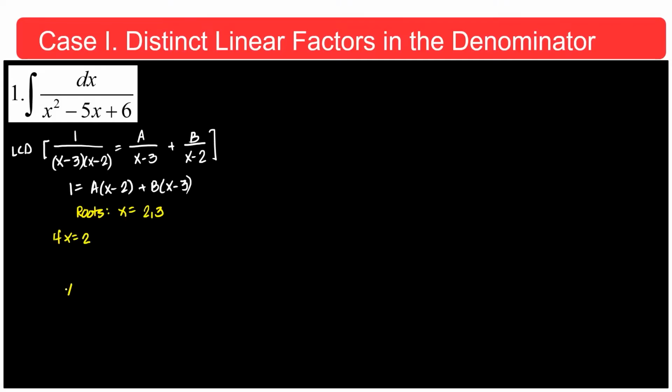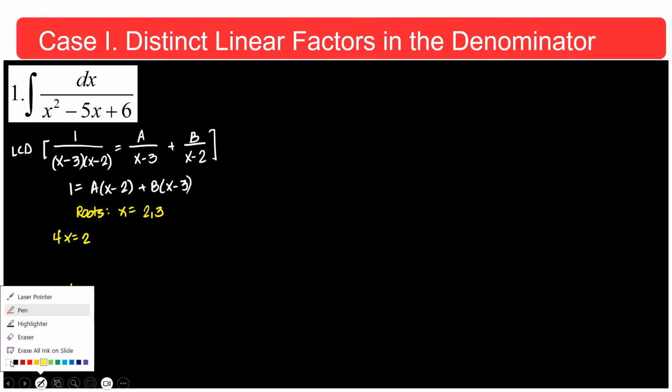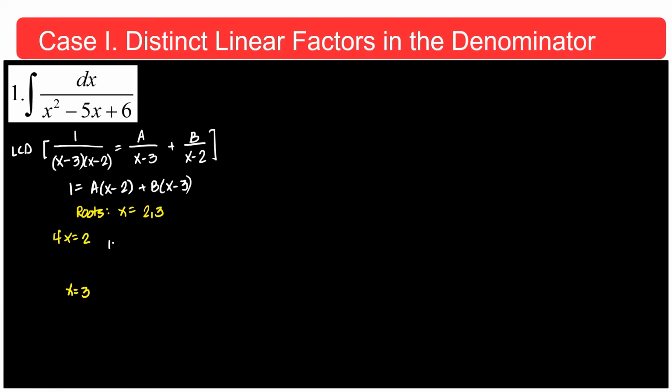So, if x equals 2, 1 is equal to A times 0. 2 minus 3 is negative 1. Therefore, b is negative 1. This one cancels out. If it's 3, 1 equals 3 minus 2 is 1. Plus 3 minus 3 is 0. That one cancels out. A equals 1.